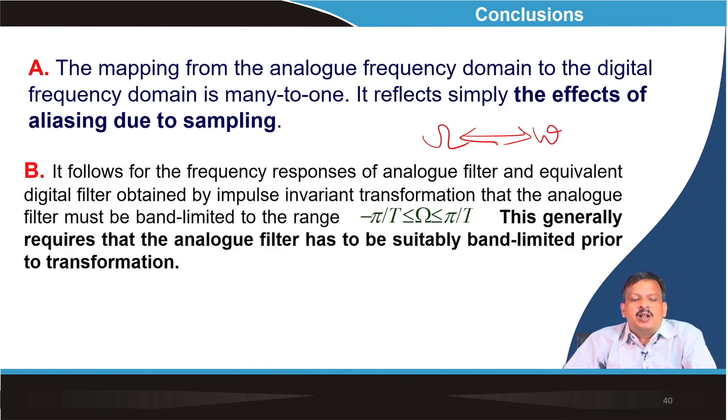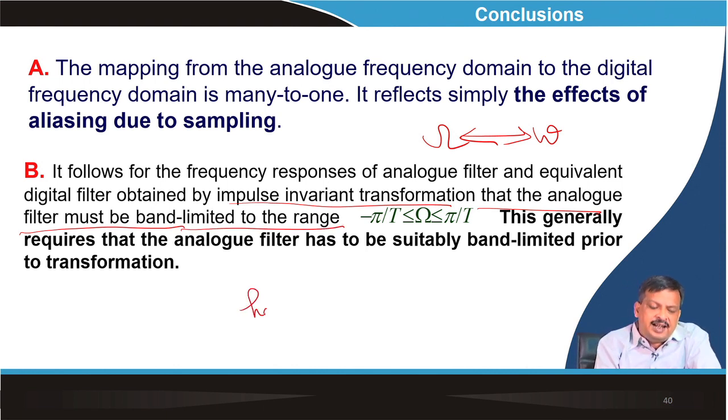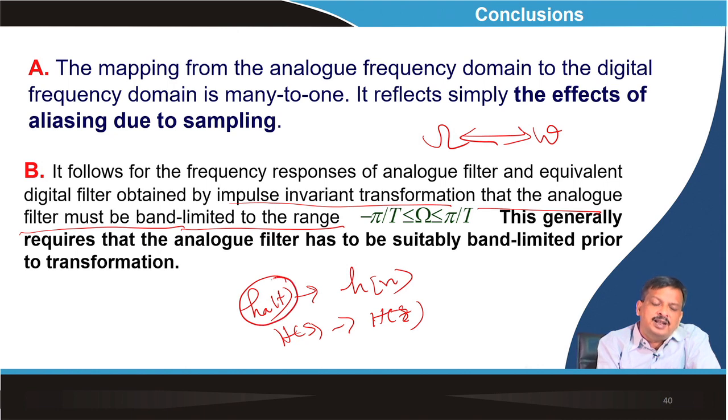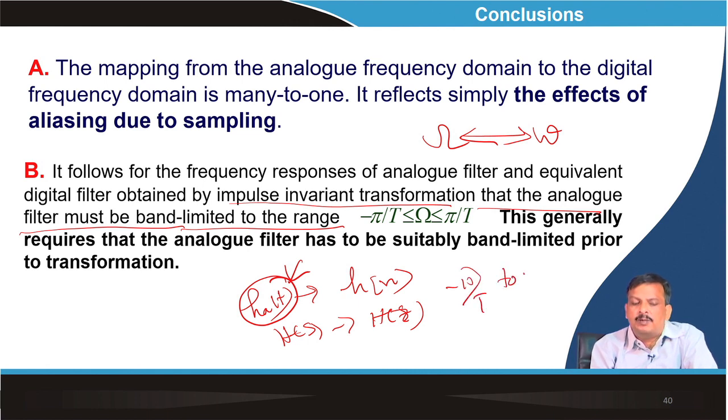It follows that for the frequency response of the analog filter and the equivalent digital filter obtained by impulse invariance, the analog filter must be band limited. So, that means H(s), when I convert H(s) to H(z), that H(s) must be band limited to avoid aliasing, which is nothing but minus pi by T to pi by T. That means Fs by 2.